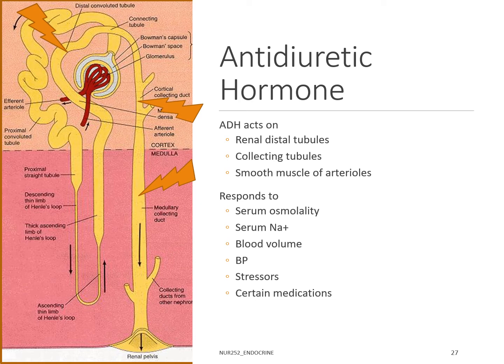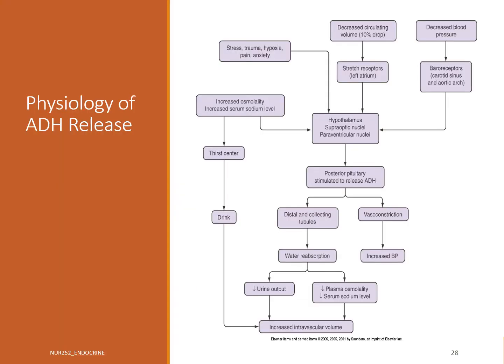ADH is inhibited by a decrease in plasma osmolality, increase in fluid volume, and alcohol, ETOH. This chart here summarizes the physiology of ADH release.